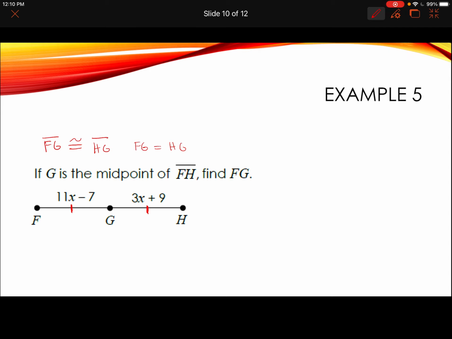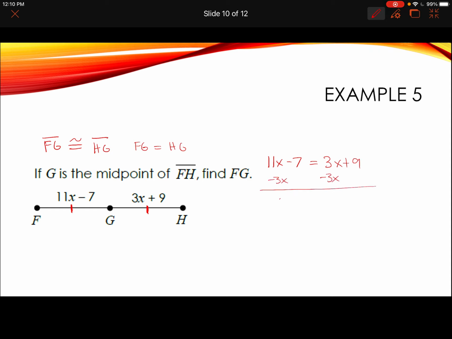Remember, the bar over the top means the segment. Without the bar means the length of the segment. So the length of FG equals the length of HG. So our equation is 11x minus 7 equals 3x plus 9. So then we can subtract 3x from both sides.